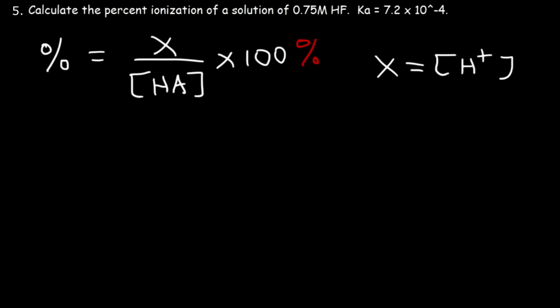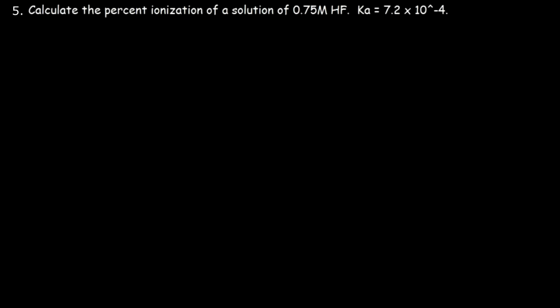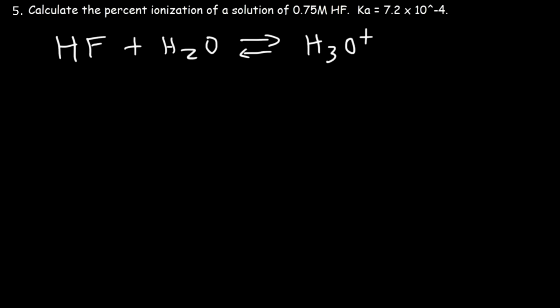So now, let's go ahead and write a reaction. Once a weak acid is in a solution, let's say when it's dissolved in water, it's going to ionize. And because it's weak, the reaction is going to be reversible. So we need to put two arrows. Acids will always generate H3O+, the hydronium ion, and we're going to get the conjugate base, fluoride.